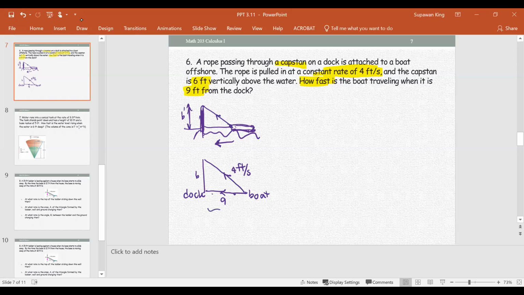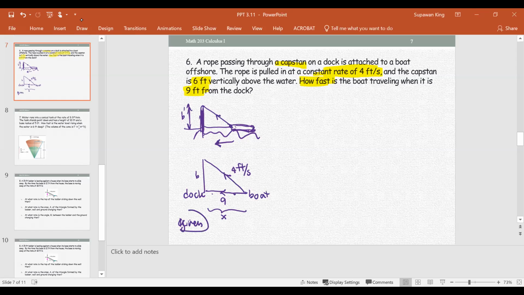So we need a notation for the distance between the boat and the dock. Let it be x. If we have this as x, I'm going to write this as y and this as z, like the diagram: x, y, and z.